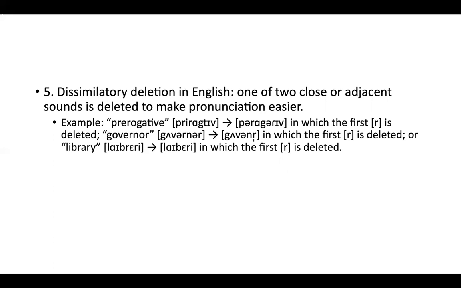You have to roll your tongue up. Okay, an example would be prerogative. The first r is deleted, so we say pre-o-gative. In governor, the first r is also deleted, so that we say guvnor. And in the word library, the first r is deleted, so we say libary.